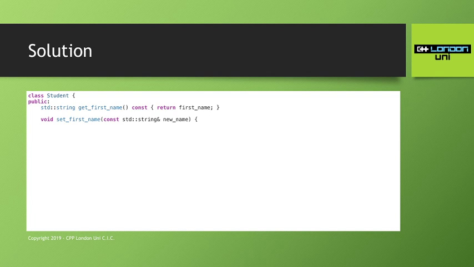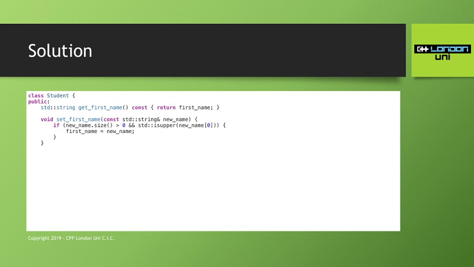We have a corresponding set first name. This takes as an argument the new name that we want to set. And in here, first of all, we check that the size is greater than 0. We could have done not empty as well. That works exactly the same. Somebody did that.